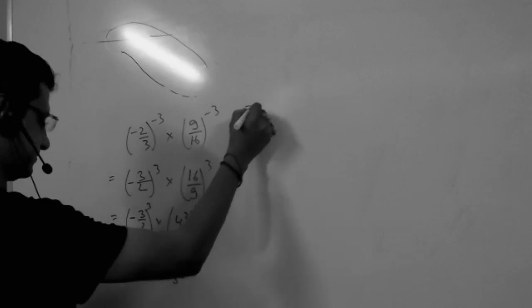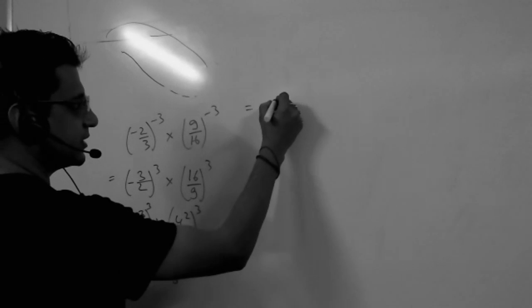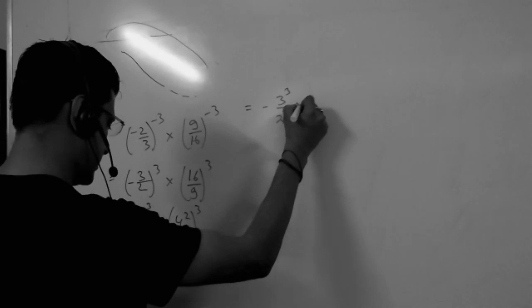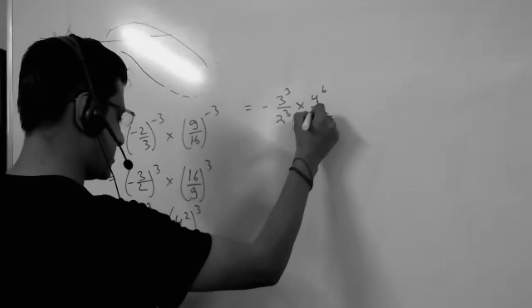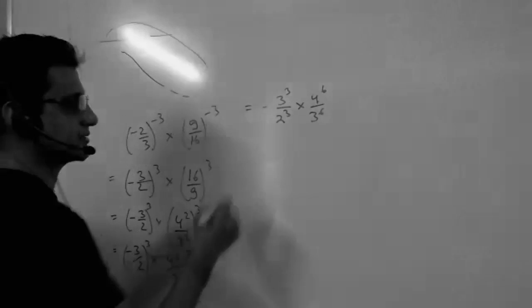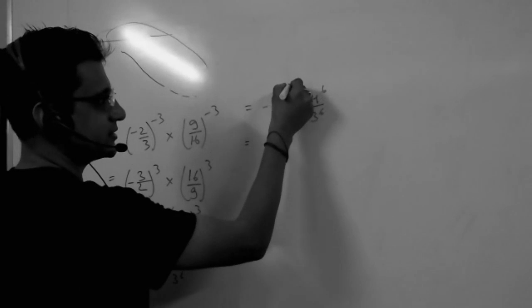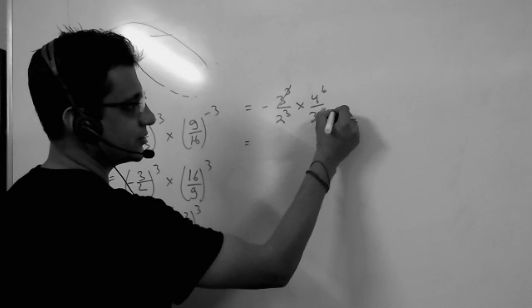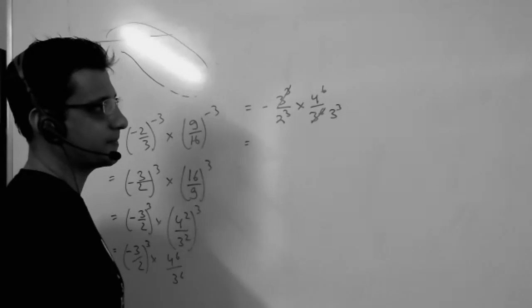Now this will be negative 3 to the power 3 by 2 to the power 3 multiplied by 4 to the power 6 by 3 to the power 6. Left out 3 to the power 3.